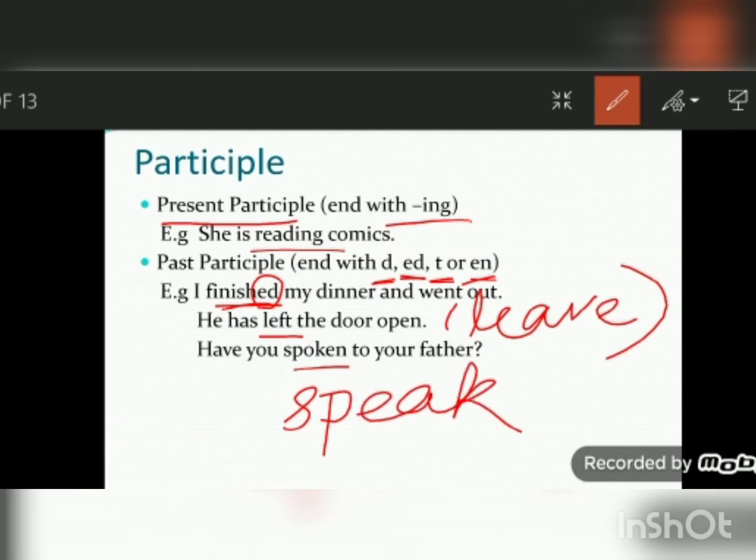So a past participle, the verbs which end with d, ed, t or en, accordingly they are used in a sentence. So here finished, left, spoken, these are the past participle form of the verbs.